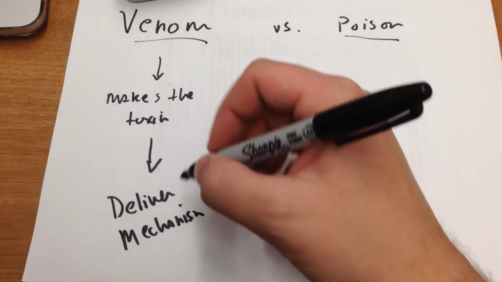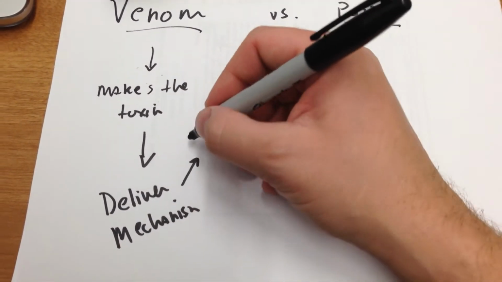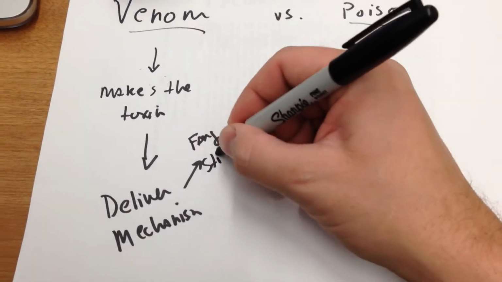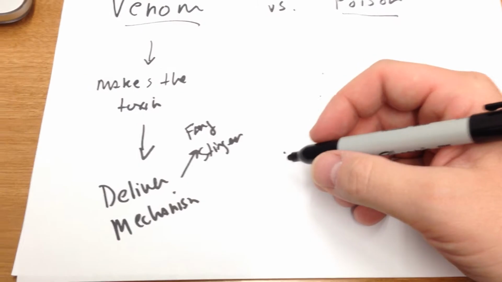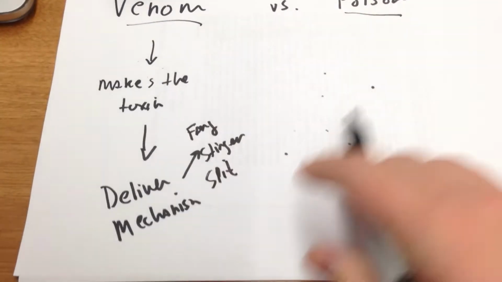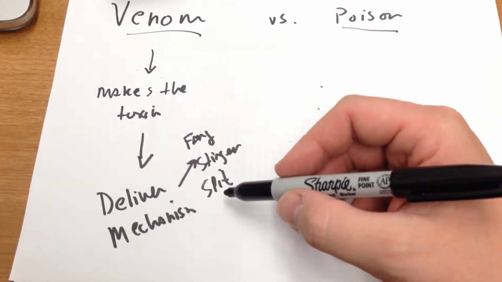Often that delivery mechanism may be in the form of a fang or a stinger. Some snakes, like spitting cobras, may even spit their venom, but they have highly evolved delivery mechanisms.